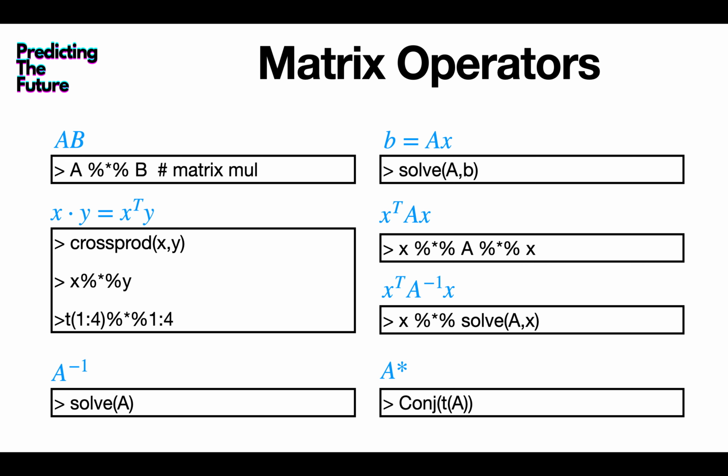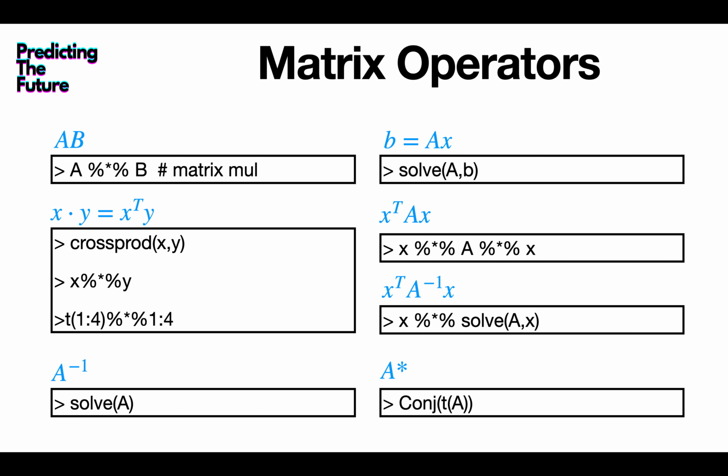If A is inverse, the way we'll do it is x times solve A, B. Solve is how we find the solution of a linear equation, right? So A inverse of x is just like solving a linear equation. R basically suggests we do that rather than the quadratic way when A is inverse, because it's more efficient somehow.